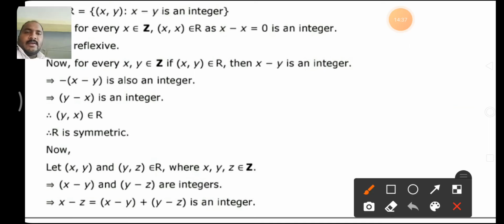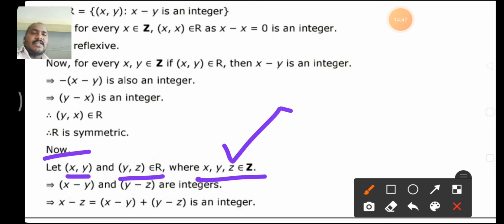Next, (x, y) belongs to R because x minus y is an integer, and (y, z) belongs to R because y minus z is also an integer, for all x, y, z belonging to Z. Then x minus z is equal to x minus y plus y minus z. Minus y and plus y get cancelled, and we get x minus z.